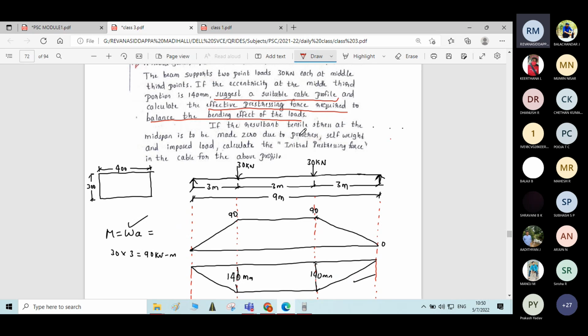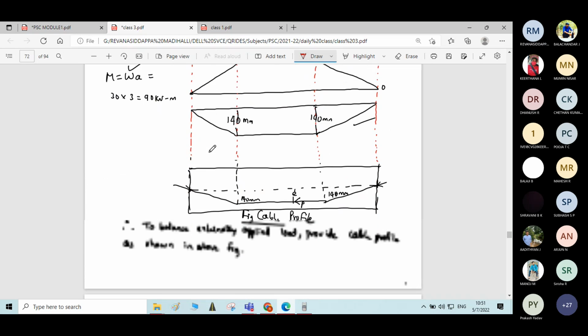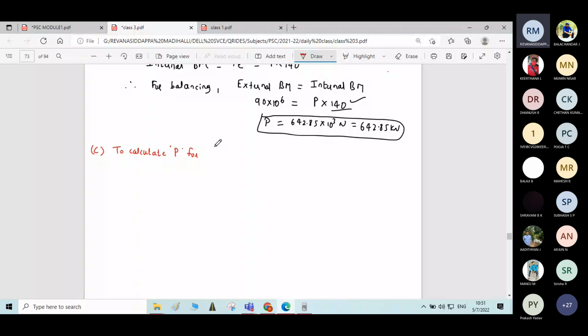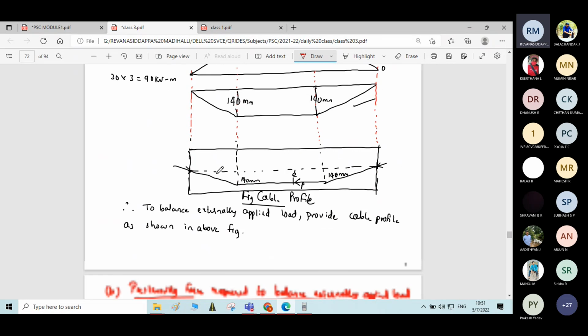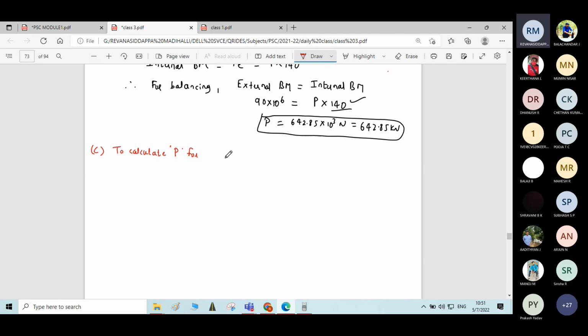The resultant tensile stress at midspan is to be made 0 due to pre-stress plus self-weight plus imposed load. He has given one condition: the resultant stress due to pre-stress, self-weight and imposed load is equal to 0 at the midspan. Utilizing that condition, you can solve for P.